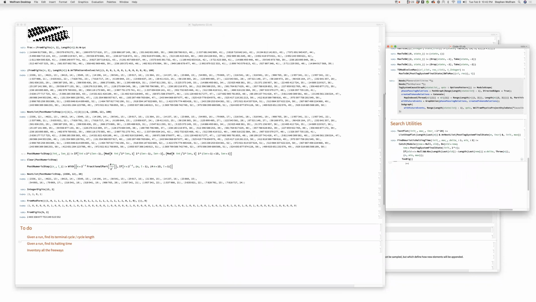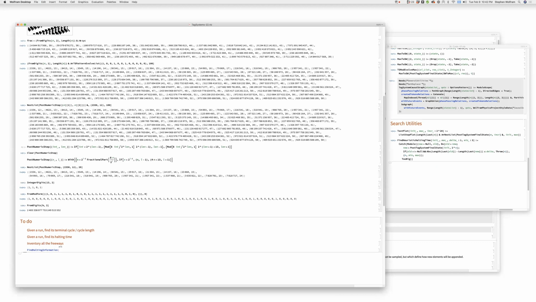So what we want to do there is we really want a find halting information here. So what we want to do, find halting information of init, and then we want to say really we want to just say maximum here.